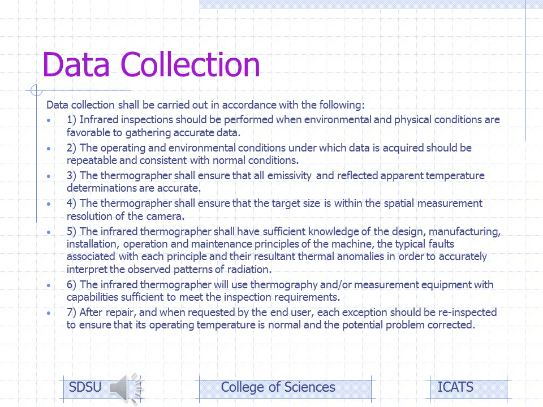The thermographer shall have sufficient knowledge of the design, manufacturing, installation, operation, and maintenance principles of the machine, the typical faults associated with each principle, and their resultant thermal anomalies, in order to accurately interpret the observed patterns of radiation. 6. The infrared thermographer will use thermography and/or measurement equipment with capabilities sufficient to meet the inspection requirements.